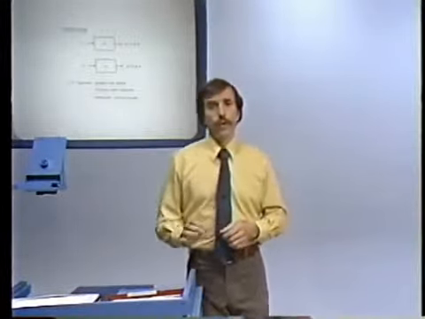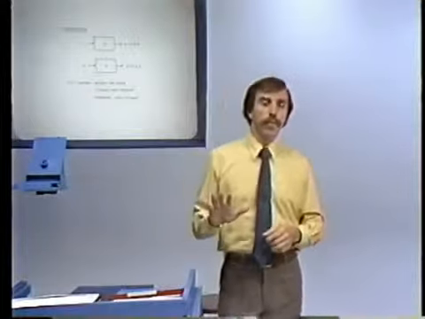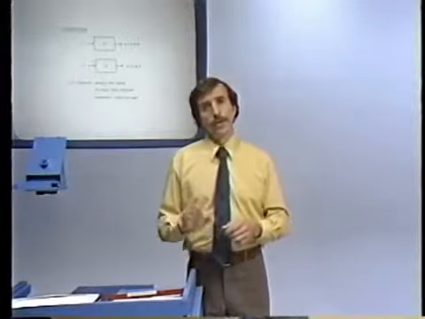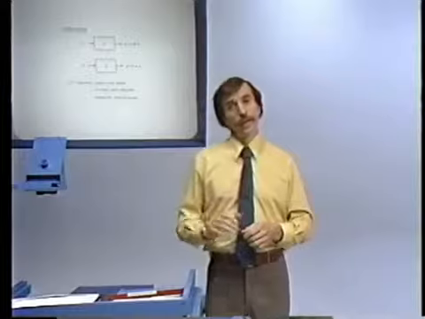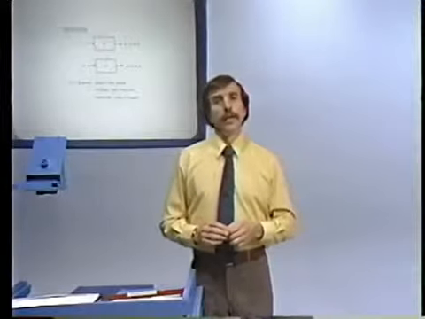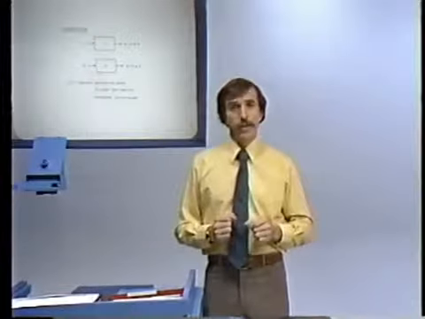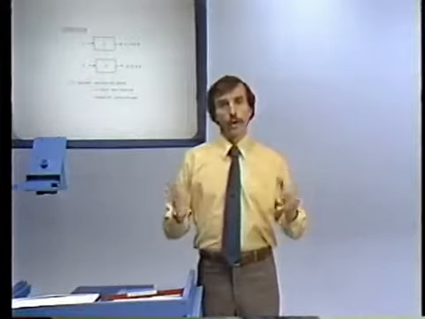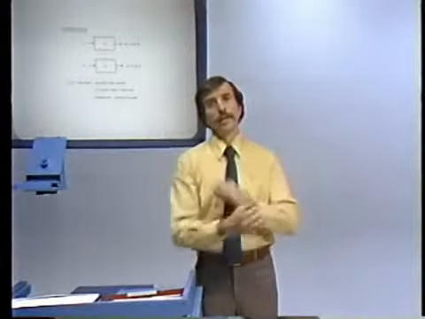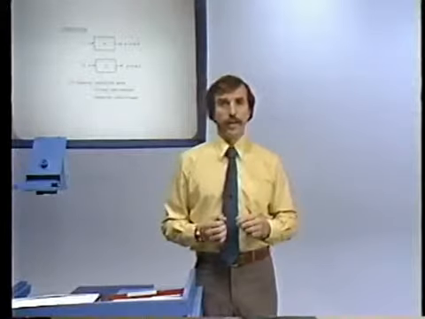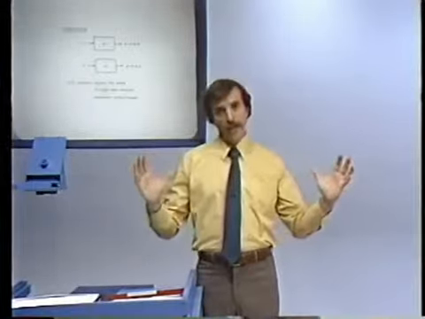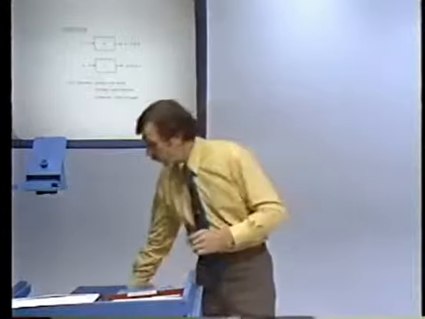Now, furthermore, if we combine the commutative property with the associative property, we get another very interesting result, namely that if we have two linear time invariant systems in cascade, the overall system is independent of the order in which they're cascaded, and in fact, in either case, the cascade can be collapsed into a single system.